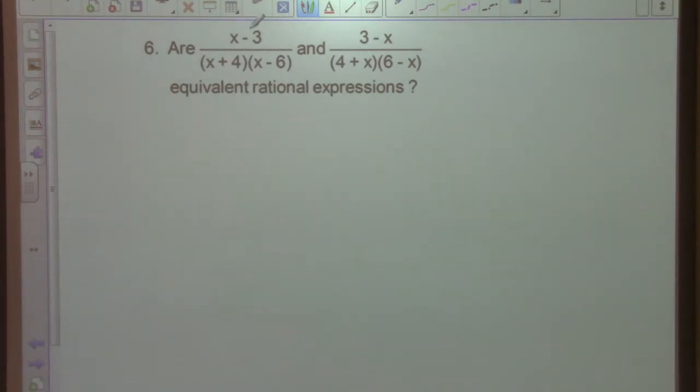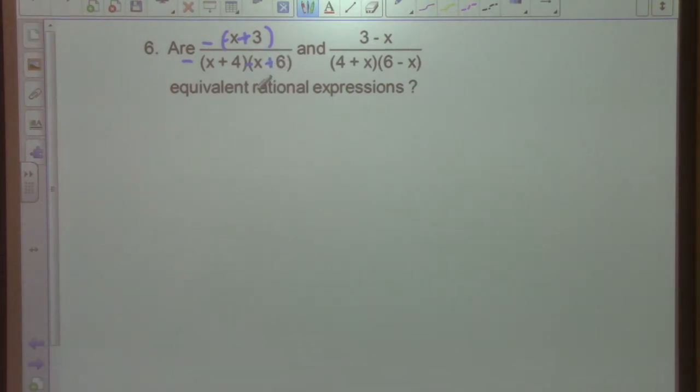If you take this one here and you make that a negative sign, then this is going to be like negative x and positive 3, right? And if you do the same thing here, you can make this a negative x plus 6.